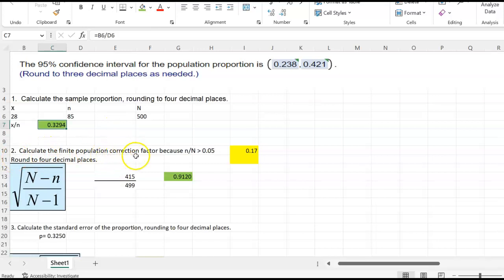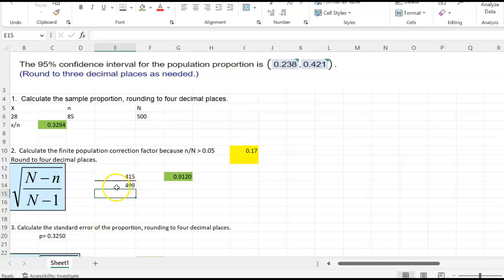Then for the finite population correction factor, I will have to check to make sure I need this. If you do n, your sample, divided by your population, and it's greater than 0.05, you will need to use this part of the formula. So I did N minus n and got 415, and then of course N minus 1, 500 minus 1, would give us 499.